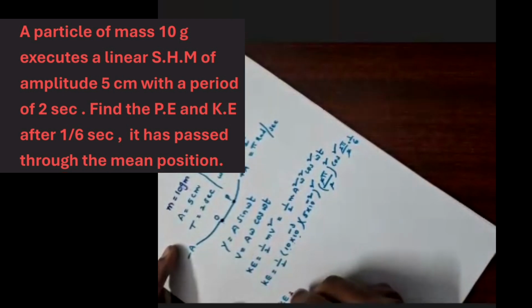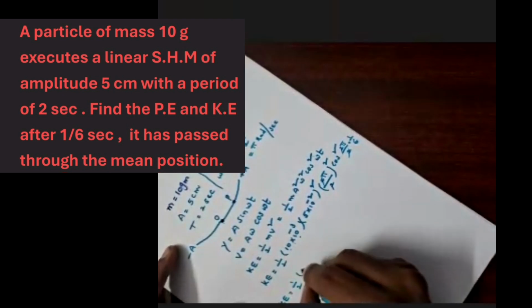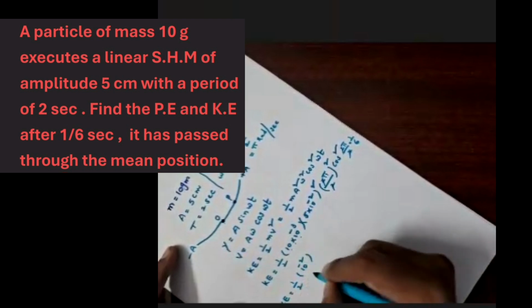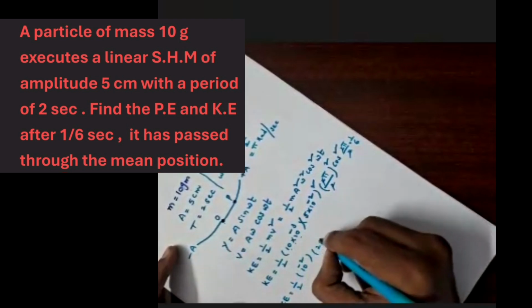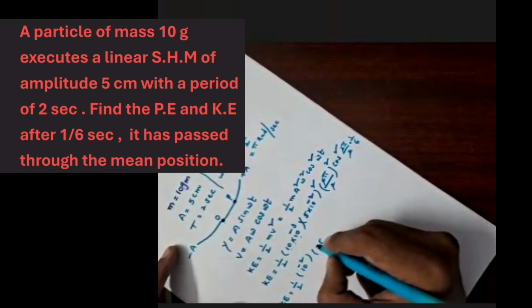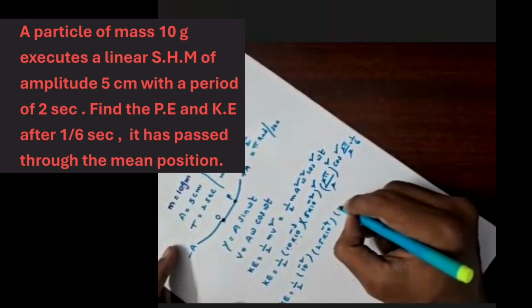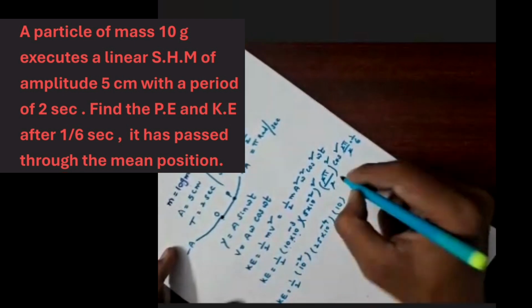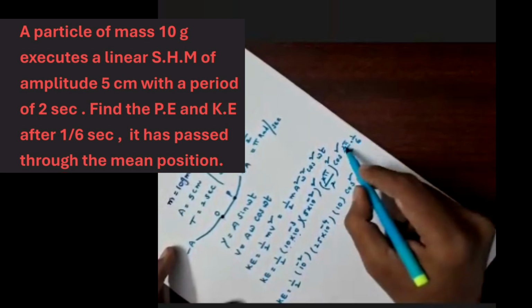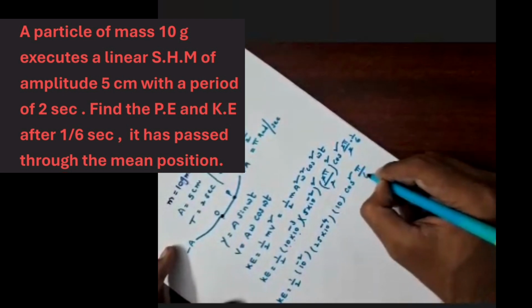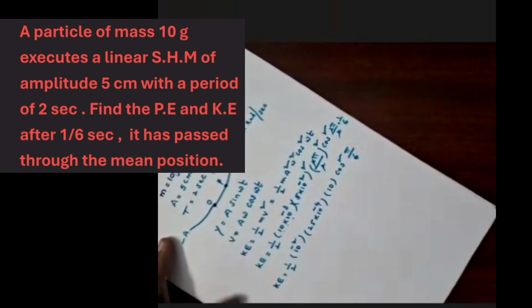Then kinetic energy is equal to half, 10 into 10 power minus 3, 25 into 10 power minus 2 whole square, 10 power minus 4, and pi square is approximately equal to 10, cos square of pi by 6.